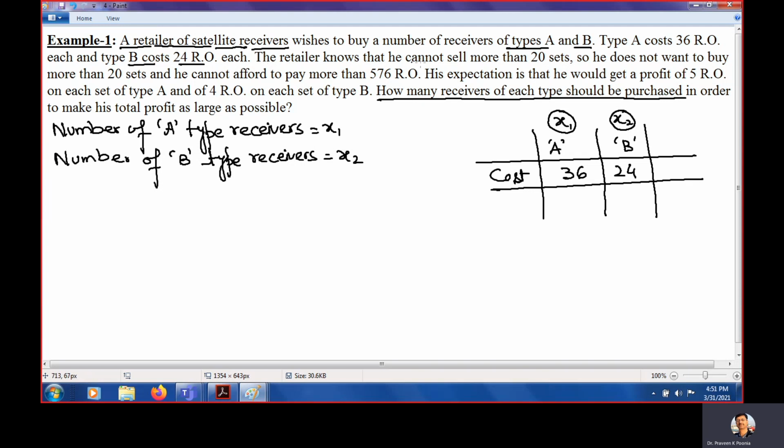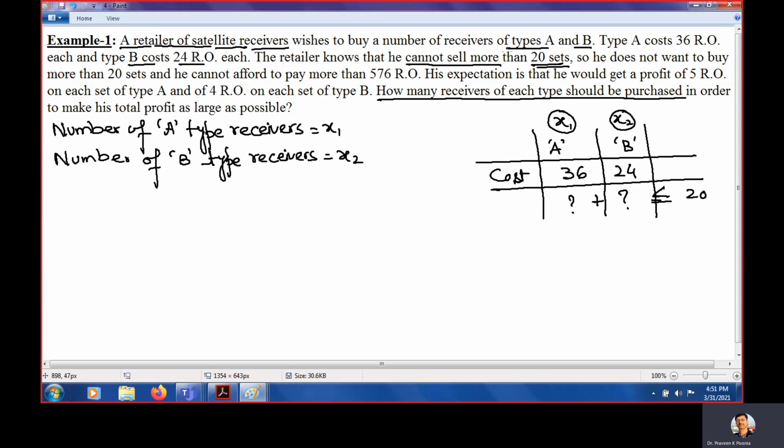The retailer knows he cannot sell more than 20 sets. So here this one plus this one, it is equal to 20. Both the types X1 and X2, he cannot sell more than 20. More than 20 means it cannot be greater than, it is less than; he can sell only a maximum of 20.